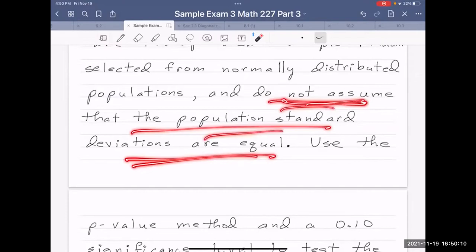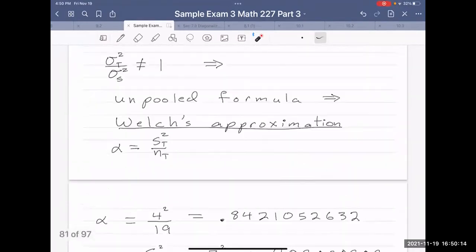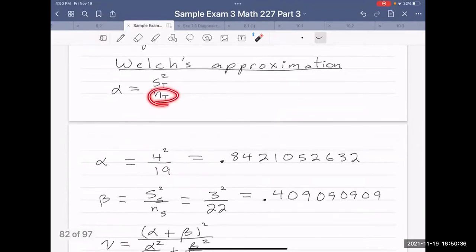Since they're not equal, we're going to have to use the unpooled formulas. So let's do Welch's approximation. Let alpha equal the sample variance for treatment, 4 squared divided by the sample size for treatment, 19.